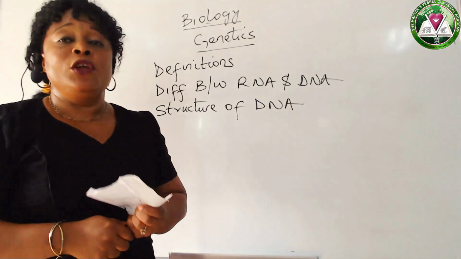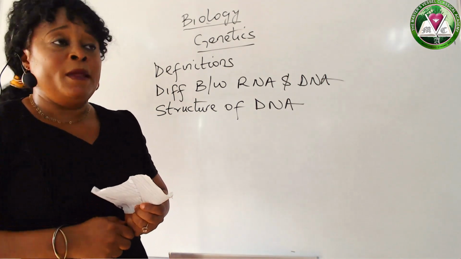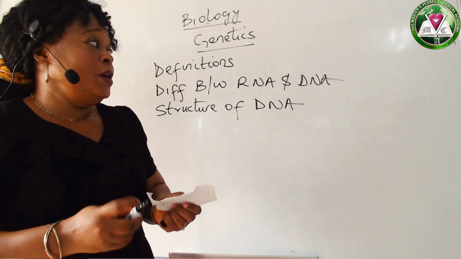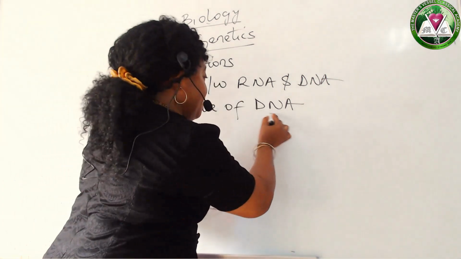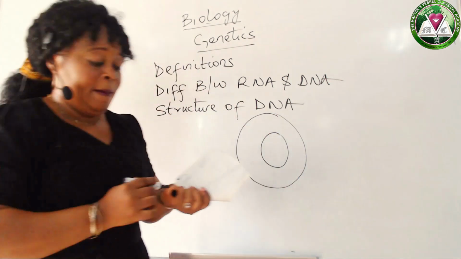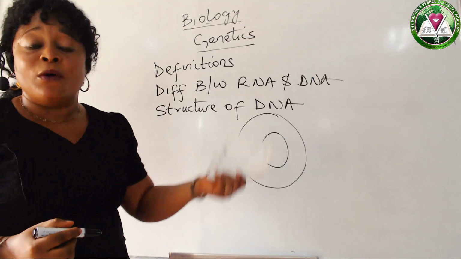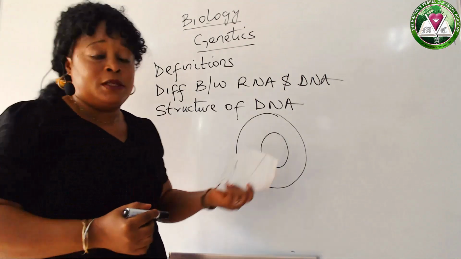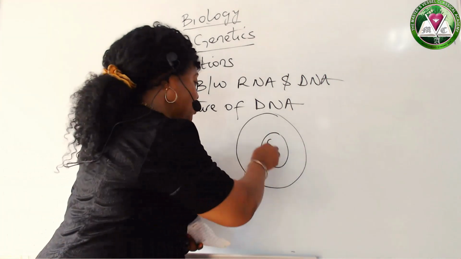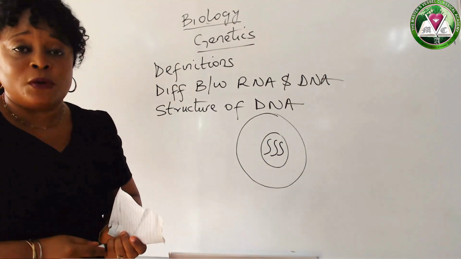Now, if we can take our minds back to the structure of a cell, a standard cell has a nucleus. Okay? This nucleus is what gives the command to the cell to carry out basic functions. Alright? Now, this nucleus has these thread-like structures that I just talked about, which are the chromosomes.